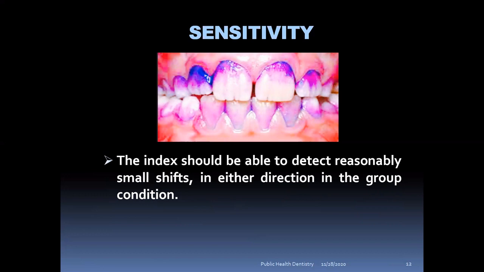Okay, so what is the role of the disclosing agent? It simply discloses the plaque present on the surface of the teeth. That is what the picture says. So sensitivity means the index should be able to record even small shifts.